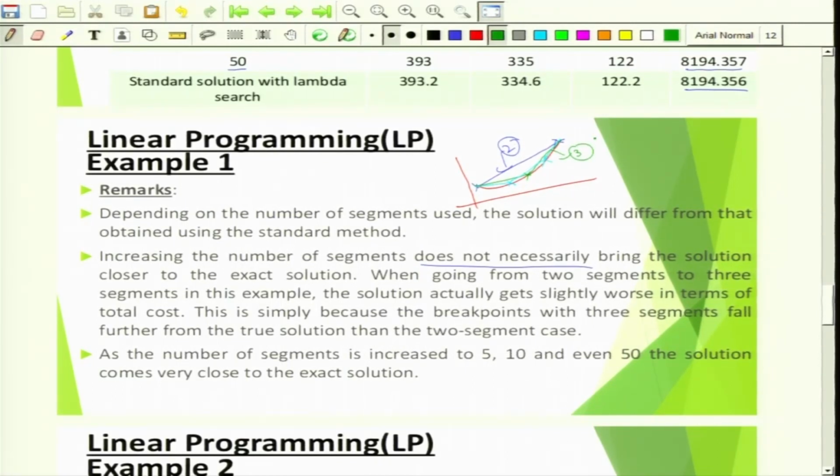In the case of three linear approximations, how many intersection points do you get? 1, 2, 3, 4. Now let us say your true solution is lying somewhere here.